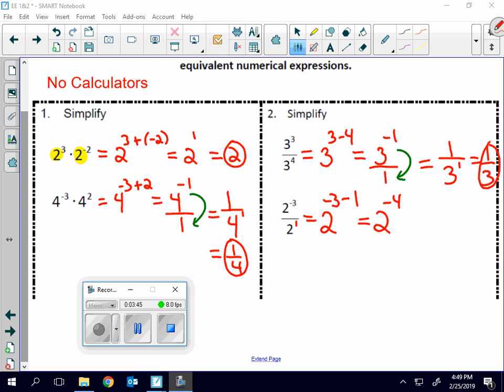Okay, same idea. Make it into a fraction. You're going to move this down here because it's a negative exponent. It needs to go in the other half of the fraction. So it's going to be 1 over 2. Instead of having a negative fourth power, it's now going to be a positive fourth power. But what is 2 to the fourth power?